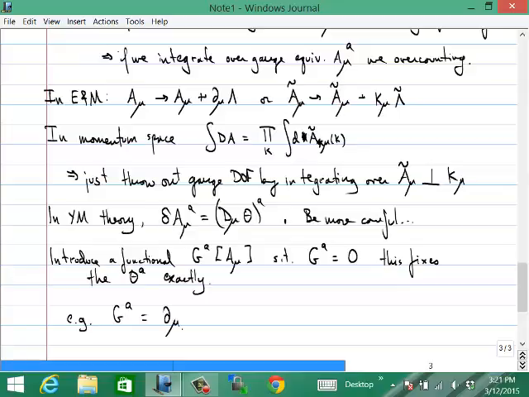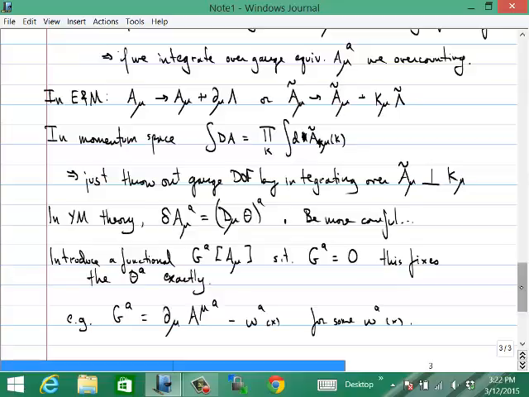Let's take G to be the divergence of A. In particular, you could even take G to be the divergence of A plus some other function of x, for any set of D functions, omega^A(x).